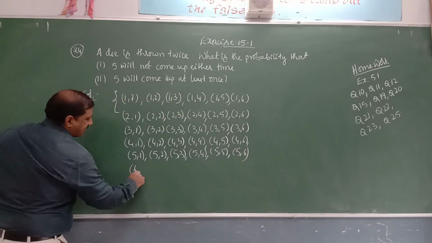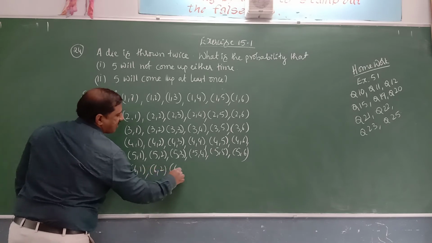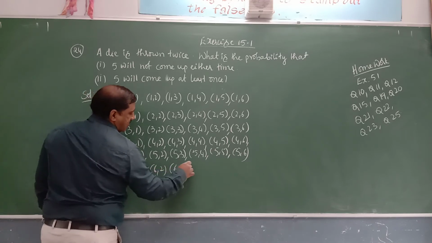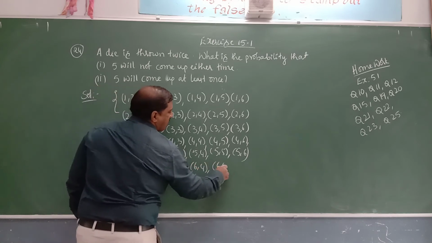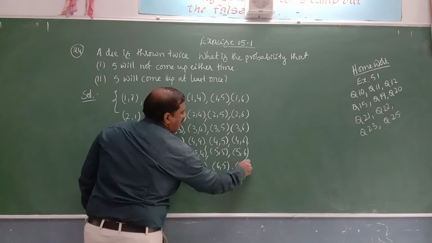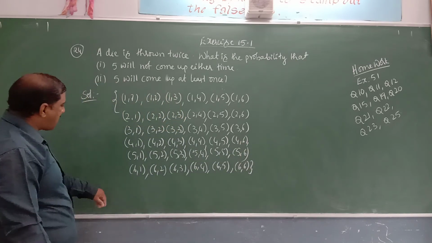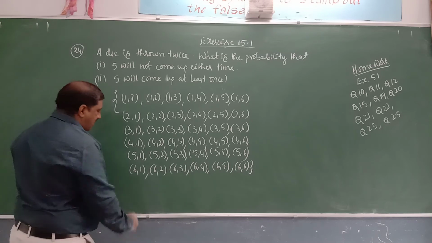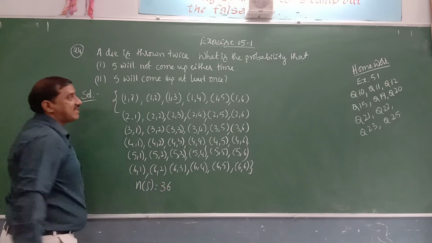Then 6 comma 1, 6 comma 2, 6 comma 3, 6 comma 4, 6 comma 5 and 6 comma 6. So what is the total number of outcomes we got? n of S is equal to 36.